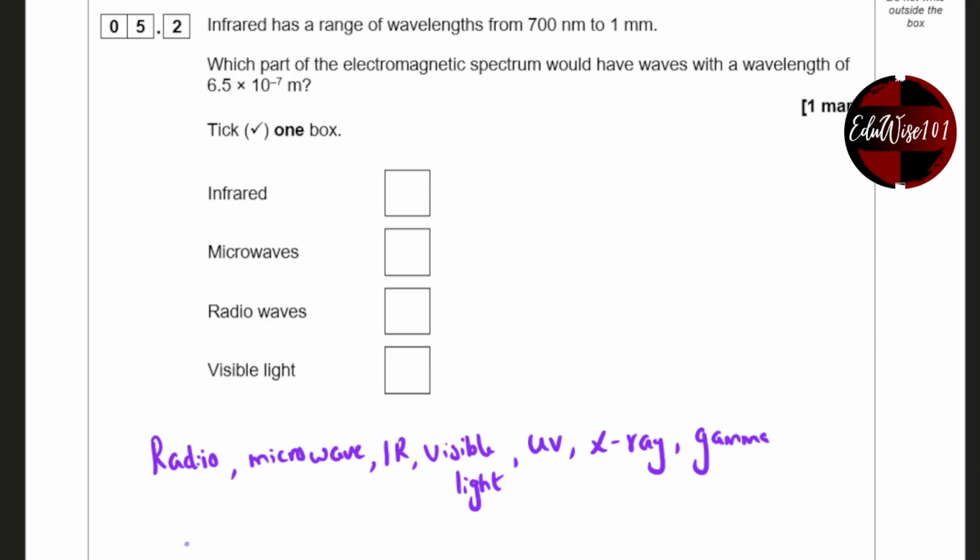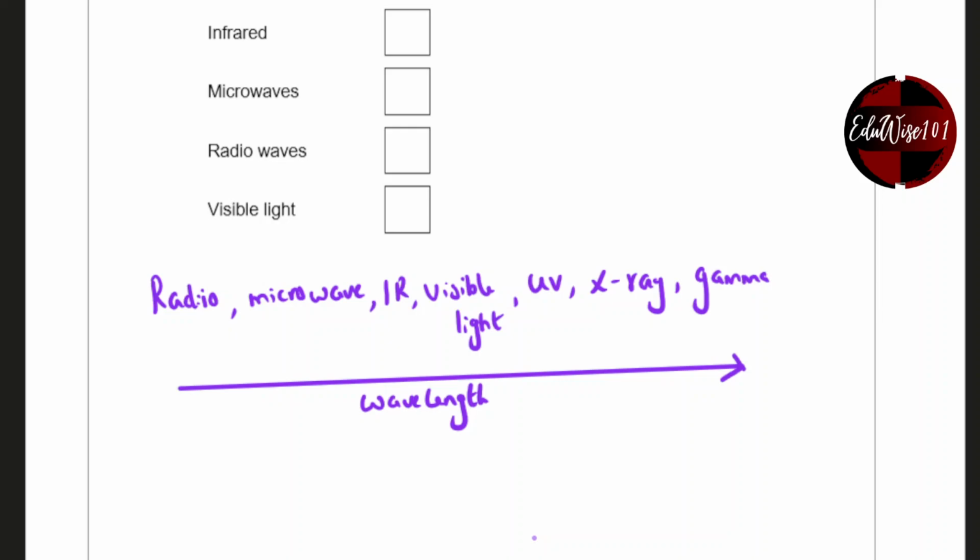Now you should remember that the wavelength decreases in this direction. The frequency, on the other hand, increases.